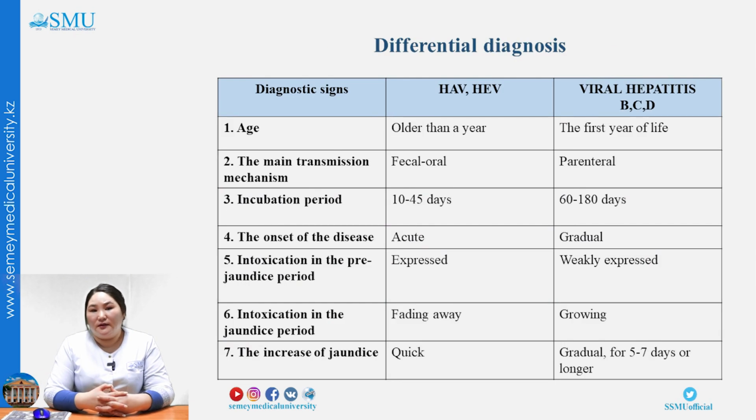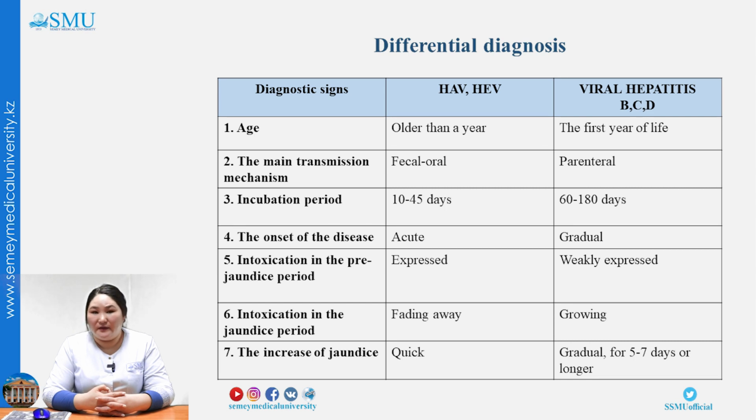We will do differential diagnosis of HAV and HEV with other viral hepatitis spread by the parenteral route, mostly B, C, D hepatitis. The first sign is, of course, the transmission way.